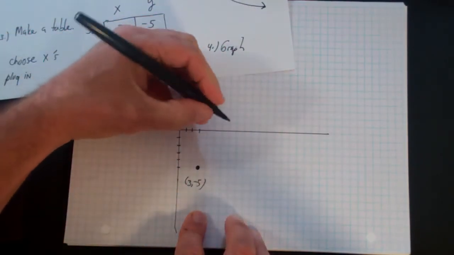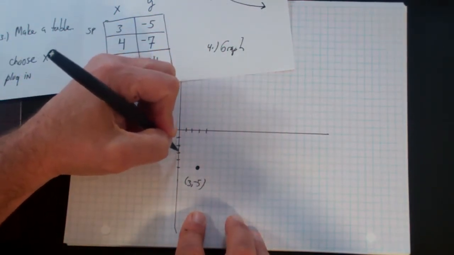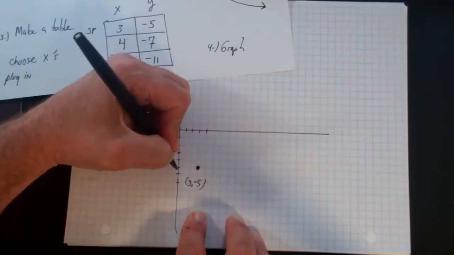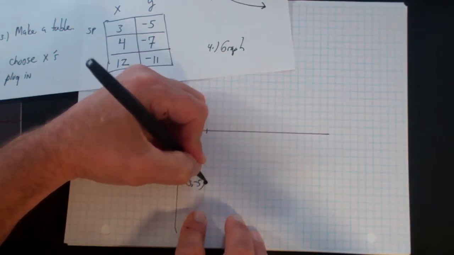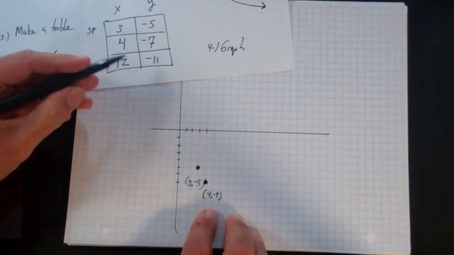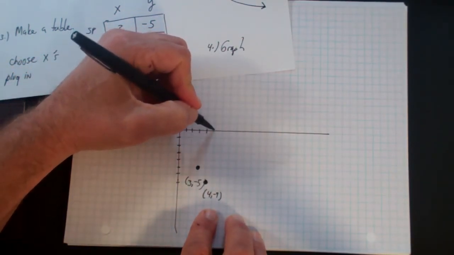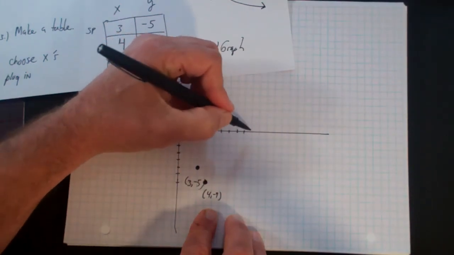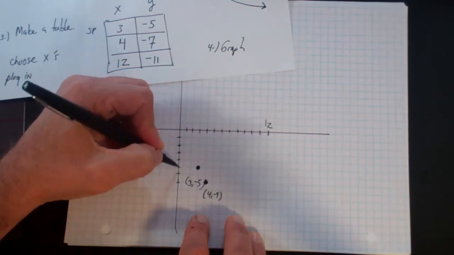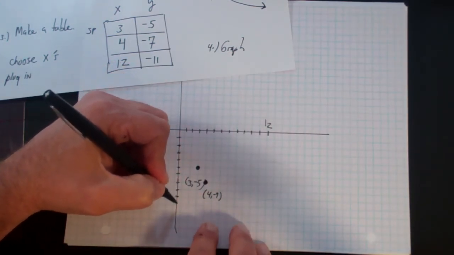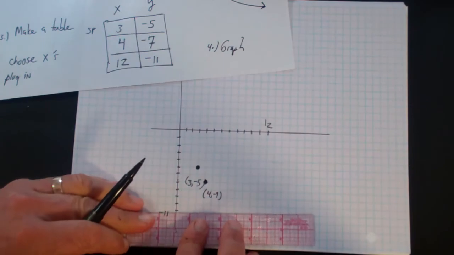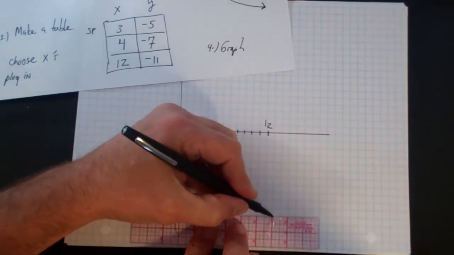The next point is (4, -7), so that's 4. 1, 2, 3, 4, 5, 6, 7. And then (12, -11). 1, 2, 3, 4, 5, 6, 7, 8, 9, 10, 11, 12. Minus 11. 1, 2, 3, 4, 5, 6, 7, 8, 9, 10, 11. Be careful here. That's minus 11. 12 is going to be right there.